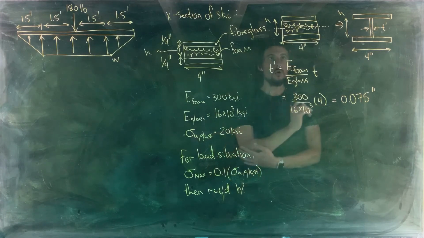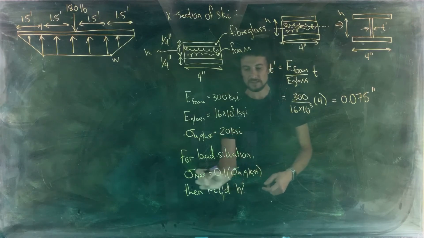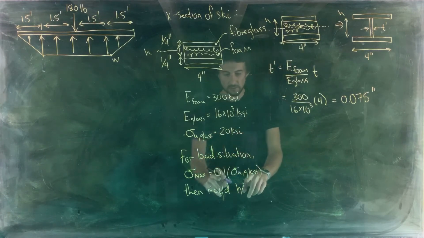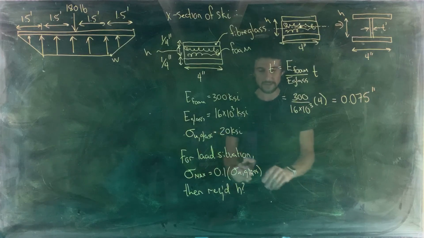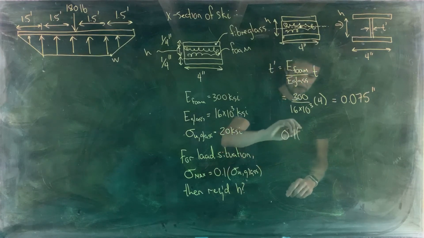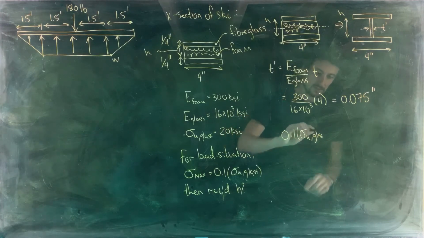Now when we want to consider stresses in the fiberglass here, what do we want to do? Let's take this right-hand side and flip the equation over so that's our left-hand side. We want to take 0.1 multiplied by the ultimate strength of the glass.